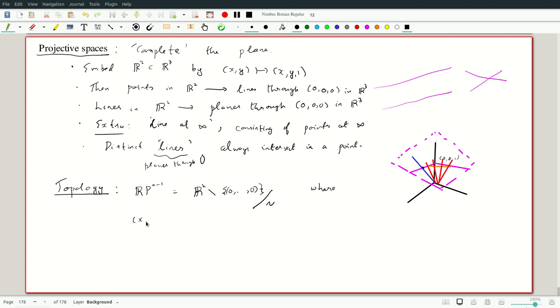It's an equivalence relation generated by, it's actually equal to: (x_1, ..., x_n) is equivalent to, let's say, (y_1, ..., y_n) if there exists alpha in R minus 0, such that (y_1, ..., y_n) is (alpha x_1, alpha x_2, ..., alpha x_n).